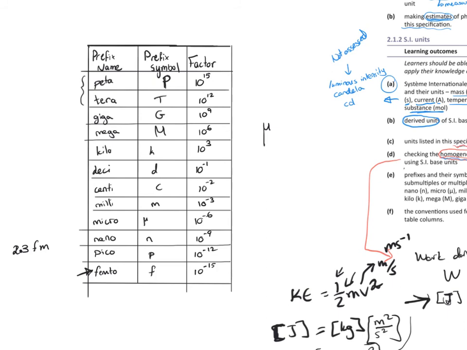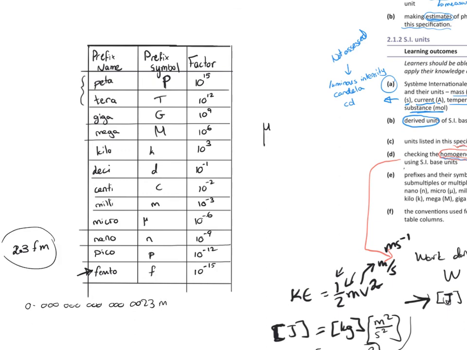It's quite tiny. So instead of you having to write 0.00000 and so on, 2.3 times 10 to the minus 15 meters, you just simply write this number.